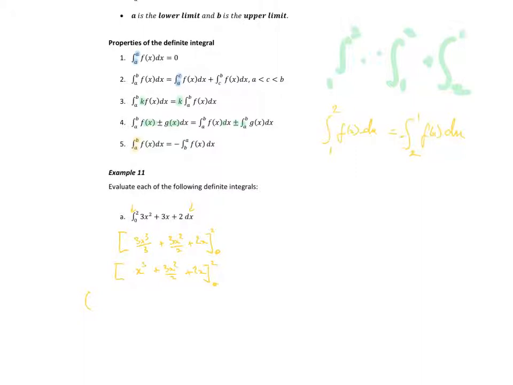Substitute my first point in, so I get 2 cubed plus 3 times 2 squared over 2 plus 2 times 2. Notice everything I substitute in, I put in a bracket, and then I'm going to get 0 cubed plus 3 times 0 plus 0. So simply we get 2 cubed, which is 8, plus 2 squared is 4, 12 over 2 is 6, plus 2 times 2 is 4, minus 0, and we get 14 as an answer.